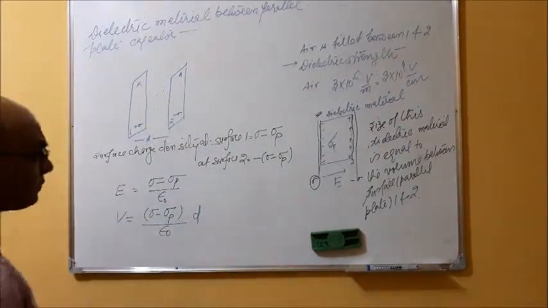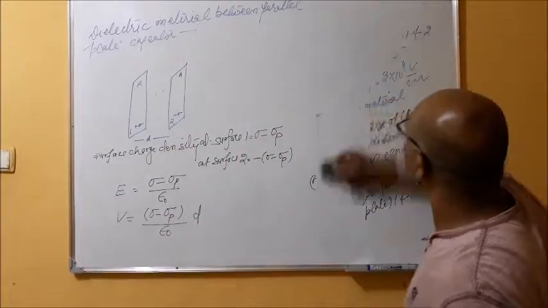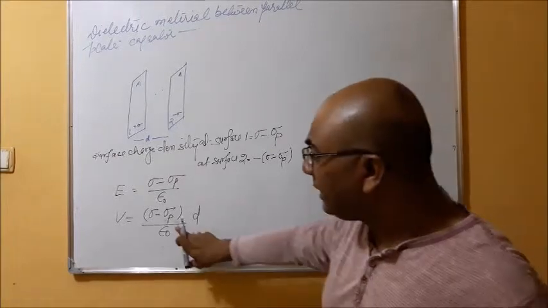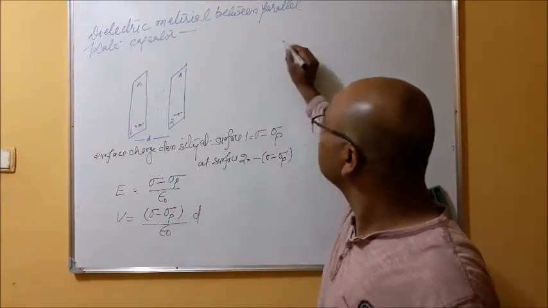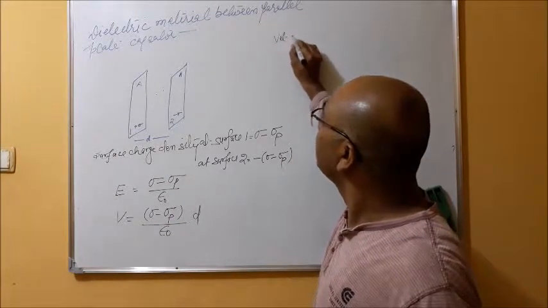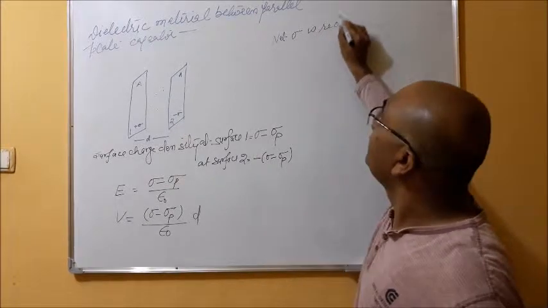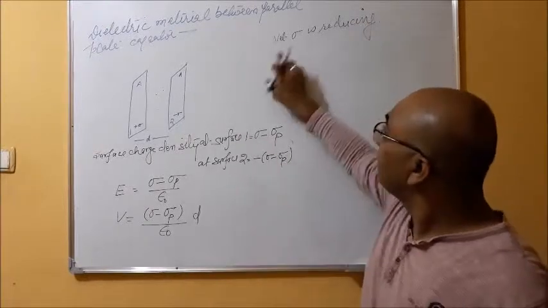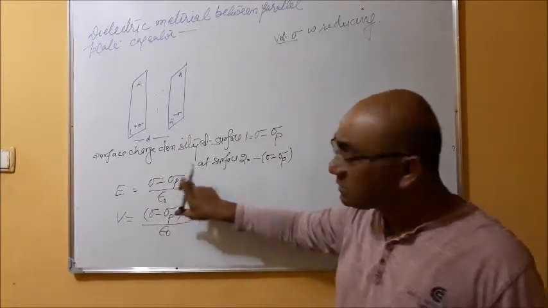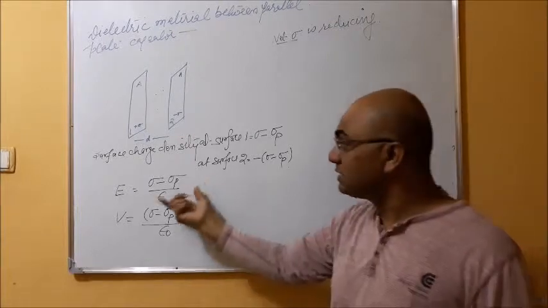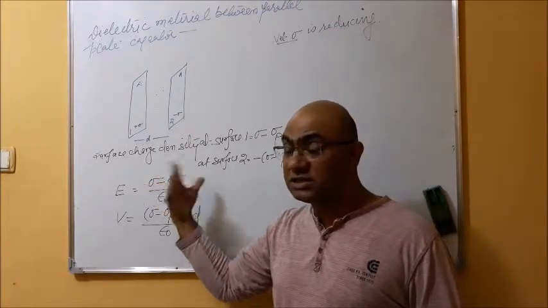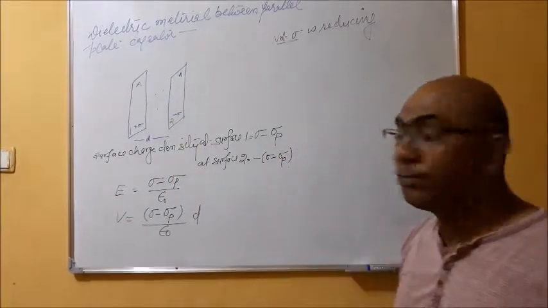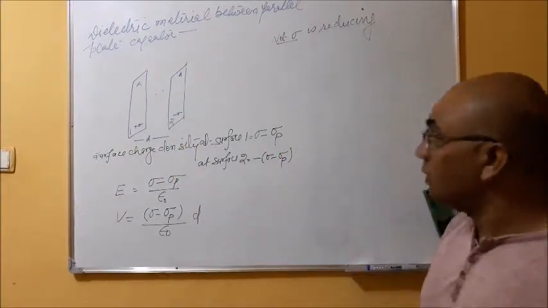You see here the net value of sigma, net sigma is reducing. You see here net sigma is sigma minus sigma P. This means the overall surface charge density is going to be reduced after inserting the dielectric between plate 1 and plate 2.